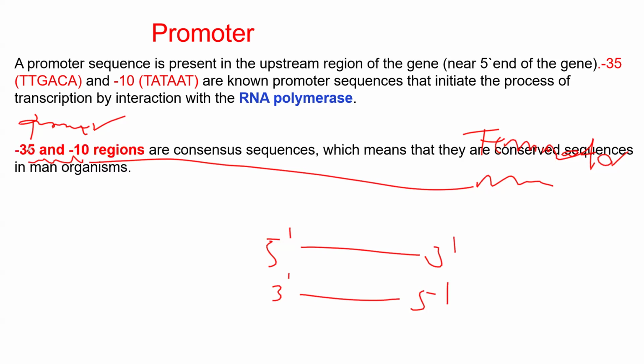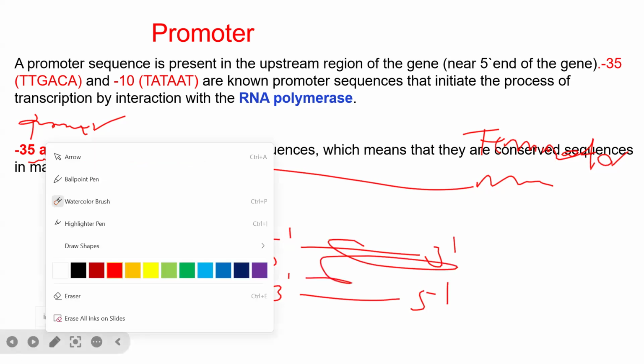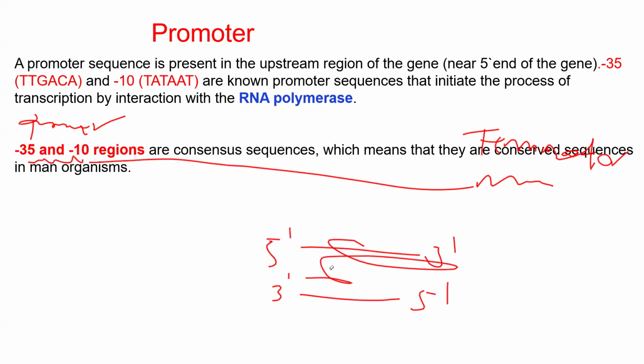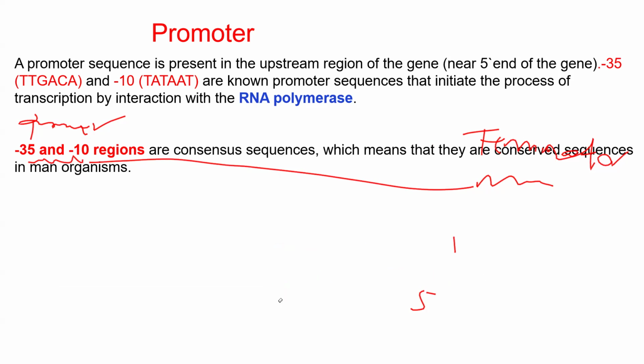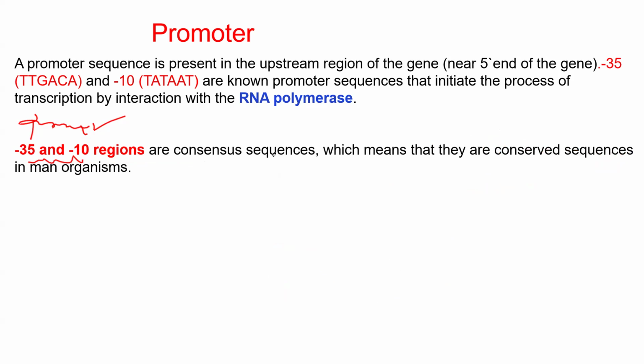We call them consensus sequences, which means they are conserved sequences in many organisms. They are the regions that are recognized by RNA polymerase to initiate the transcription process.